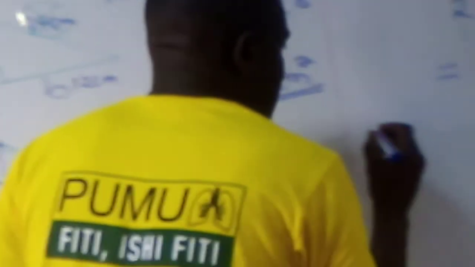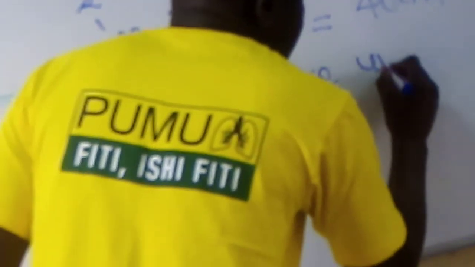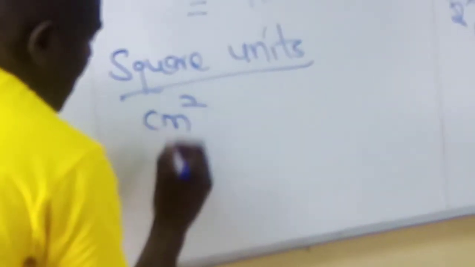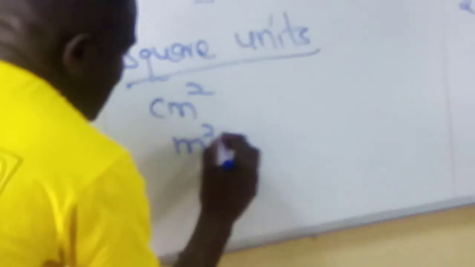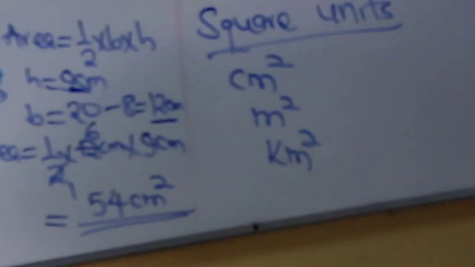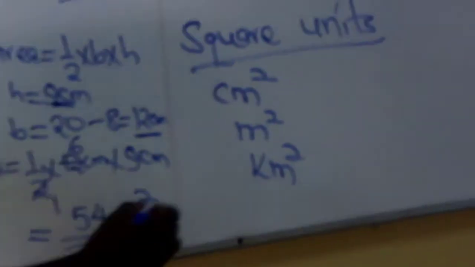Square units. What does this mean? Square units means it could be square centimeters, could be square meters, could be square kilometers, square units. All right? Yet we have other units of measuring area directly.